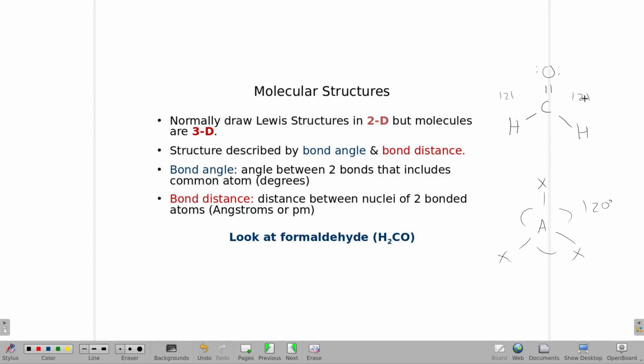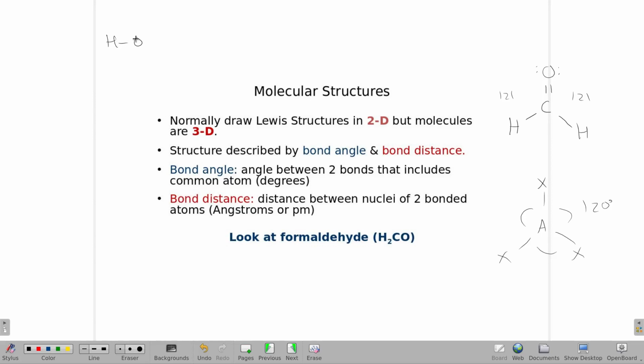Now, typically when we draw Lewis structures, we're always going to end up with a two-dimensional structure. And that makes sense because you're drawing on paper. But we're going to see that molecules actually have a three-dimensional shape. Sometimes they are flat like this. This molecule is perfectly flat, but other ones are not. Water, for instance, we drew it nice and straight.